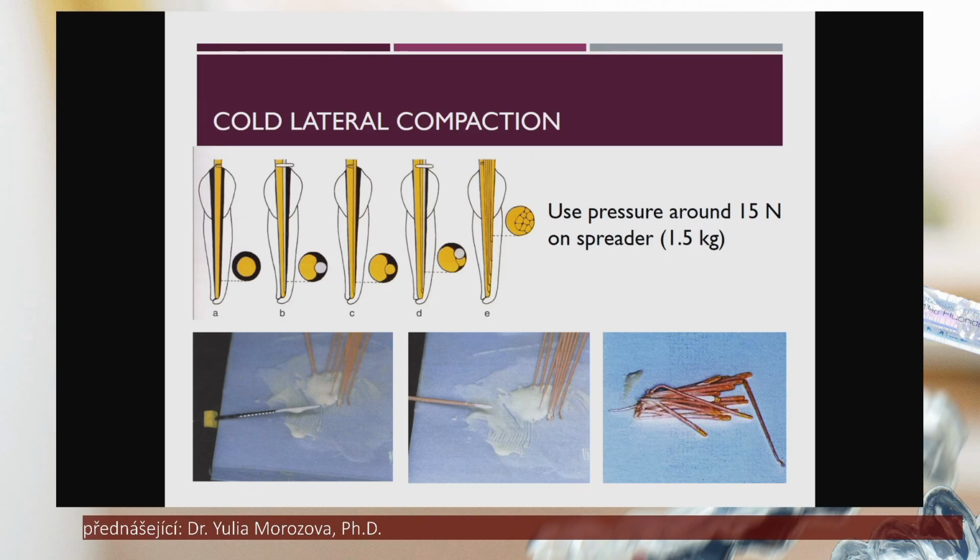Here we can see the scheme of this root canal that was filled using gutta percha, using the lateral compaction of gutta percha, and here we can see it in cross-section of the root canal.